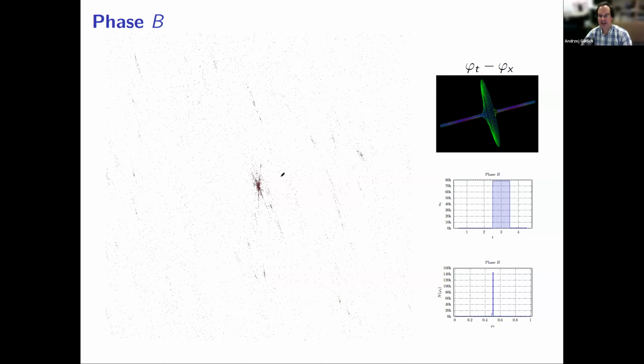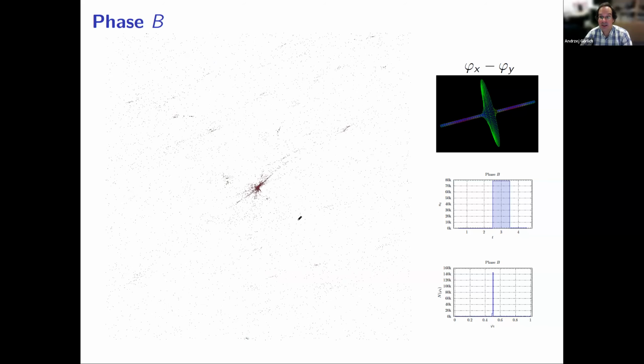And we also have phase B, which is a completely collapsed phase where the whole volume sits in one slice, and it's even more localized in the field coordinates. So this was only to show that the picture using those density maps looks completely different for different phases.